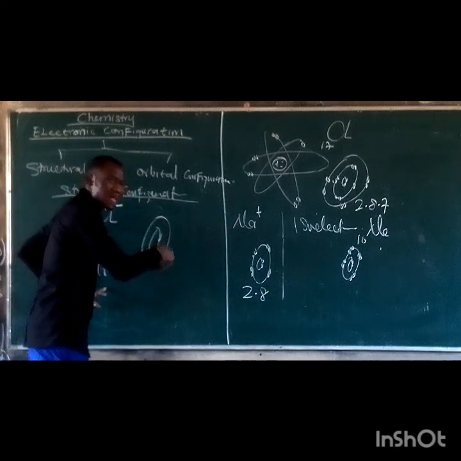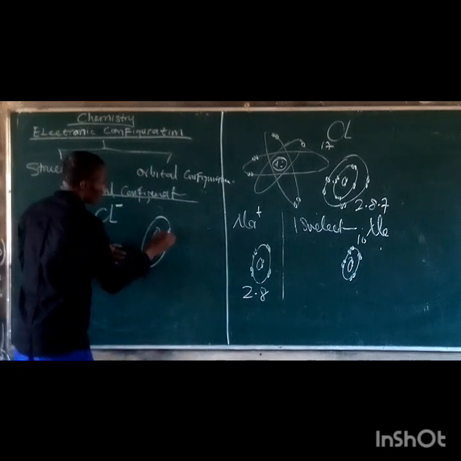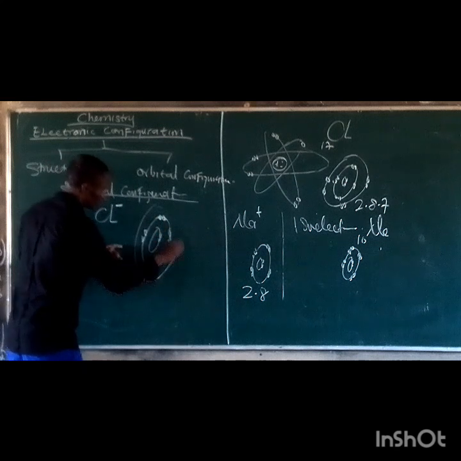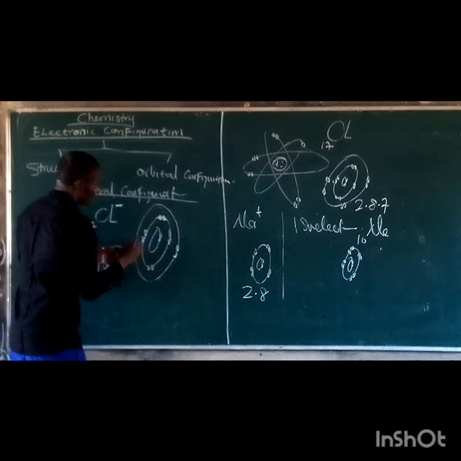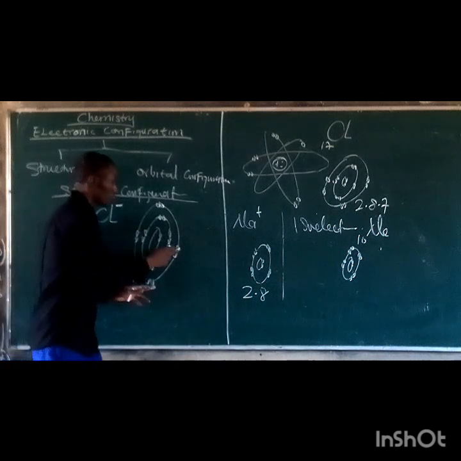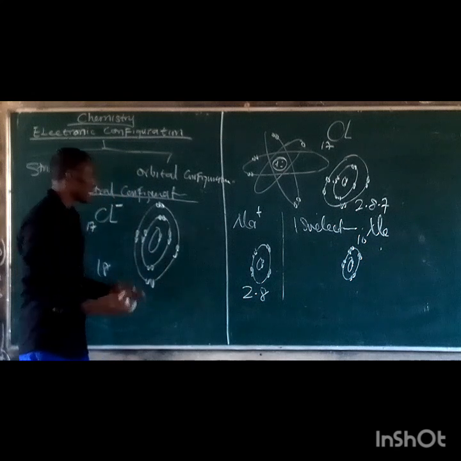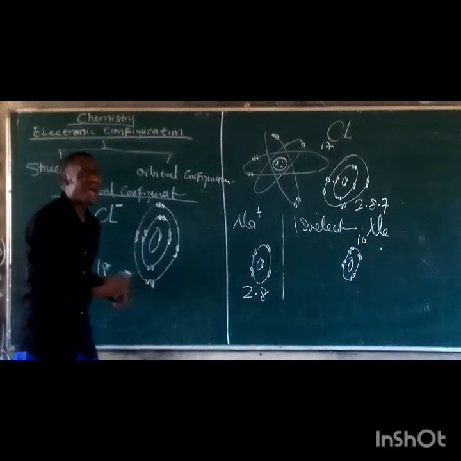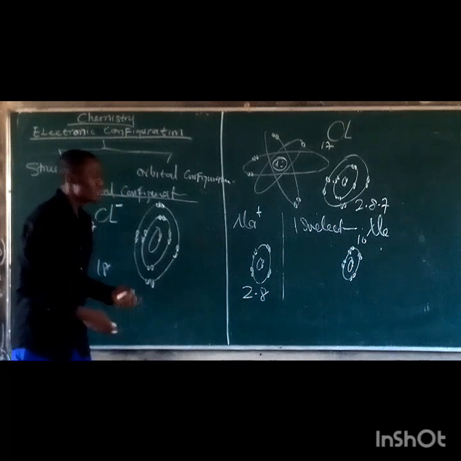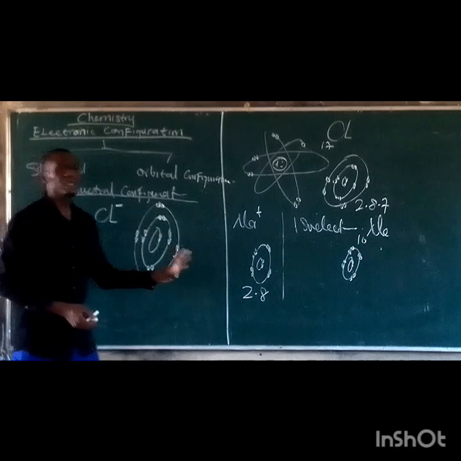So we have 2 here, then 8, then 8. 2 plus 8 is 10, plus 8 is 18. This becomes isoelectronic with argon. You see that? So that's how it's done.